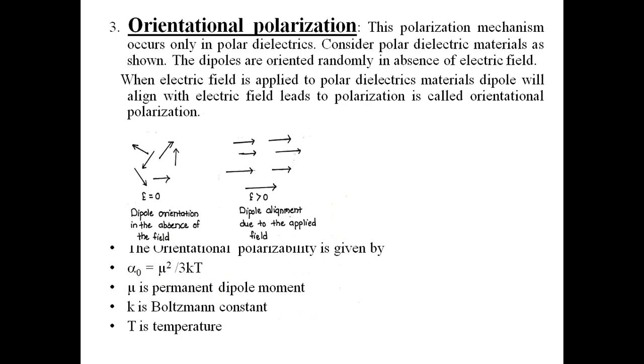The dipoles are oriented randomly in the absence of an electric field, and when the electric field is applied, these polar dielectric materials are aligned with the electric field and it leads to polarization. The orientational polarizability is given by alpha 0 equal to mu square by 3kT, where mu is the permanent dipole moment, k is the Boltzmann constant, and T is temperature.